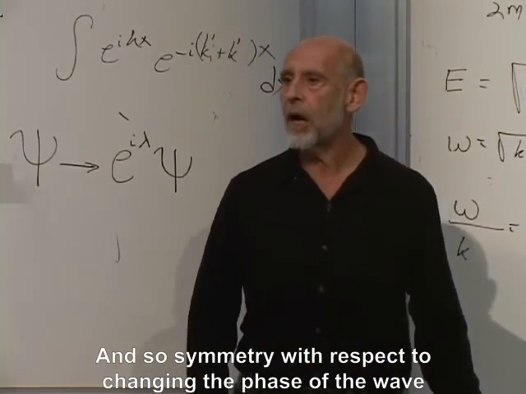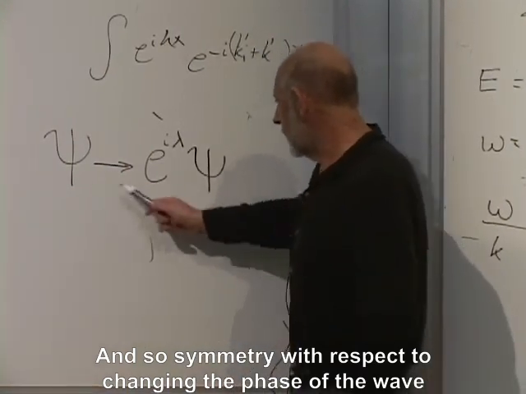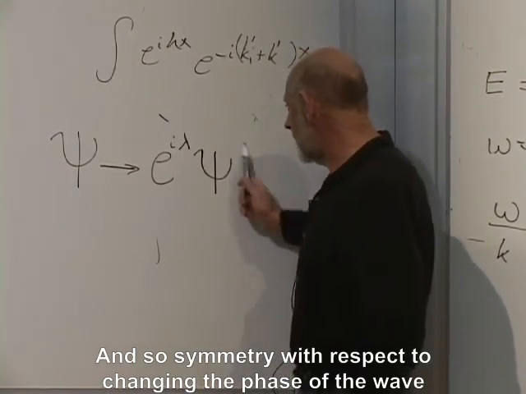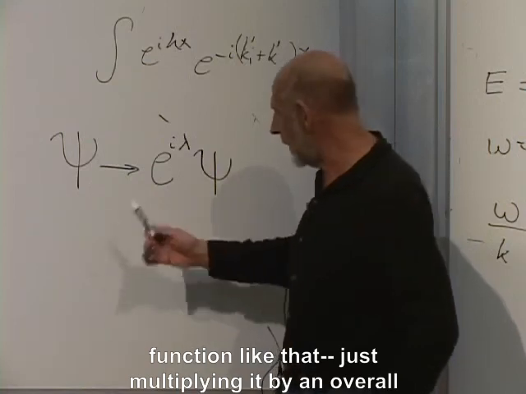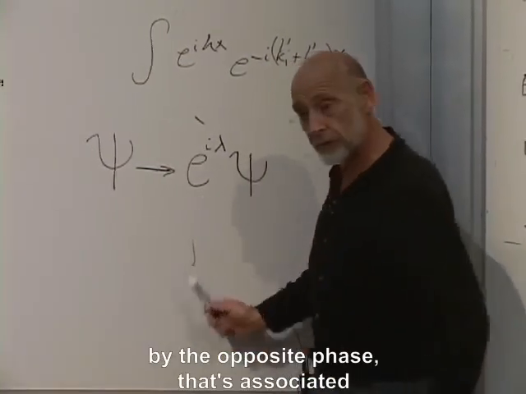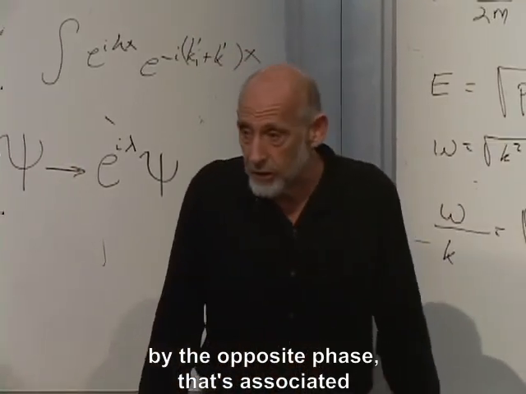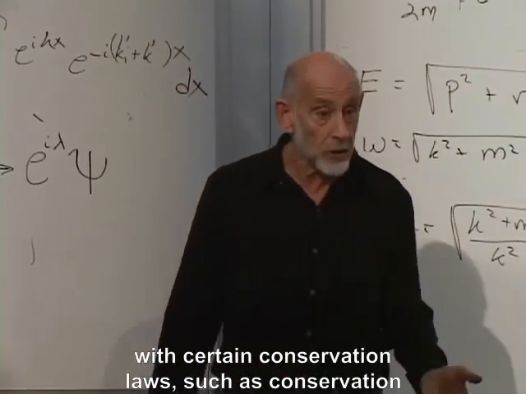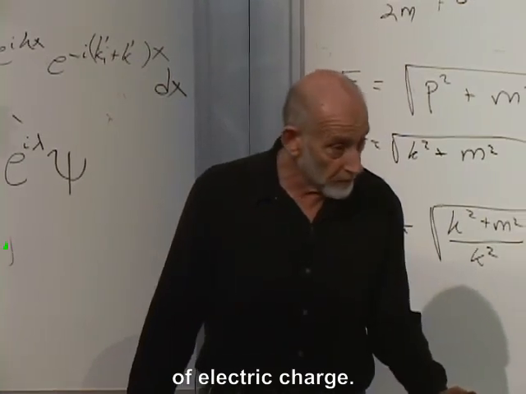And so symmetry with respect to changing the phase of the wave function like that, just multiplying it by an overall phase and multiplying its complex conjugate by the opposite phase, that's associated with certain conservation laws, such as conservation of electric charge.